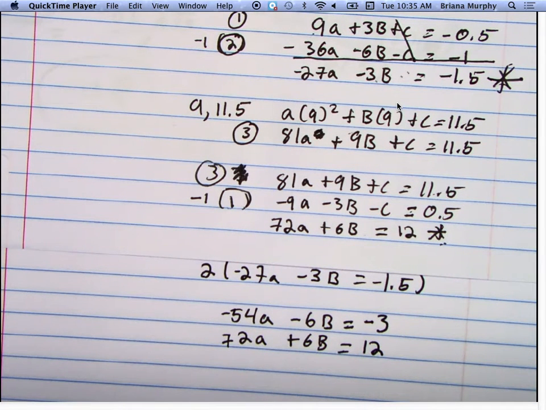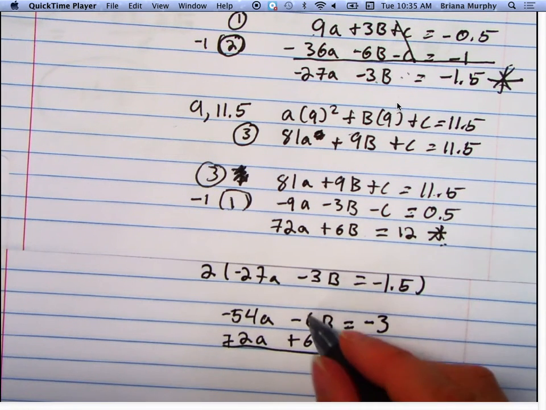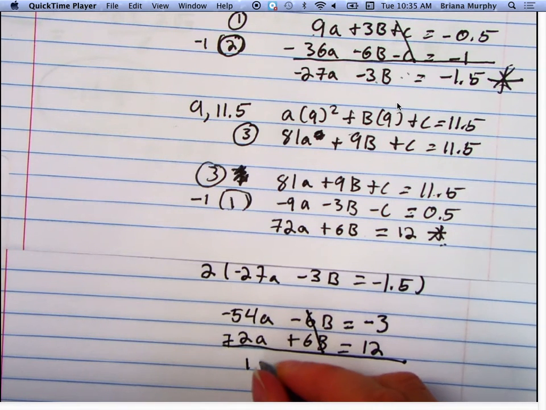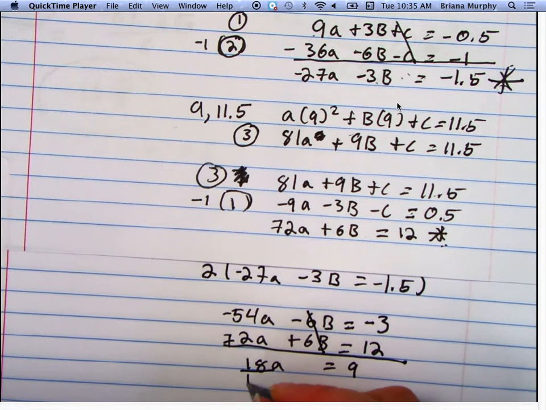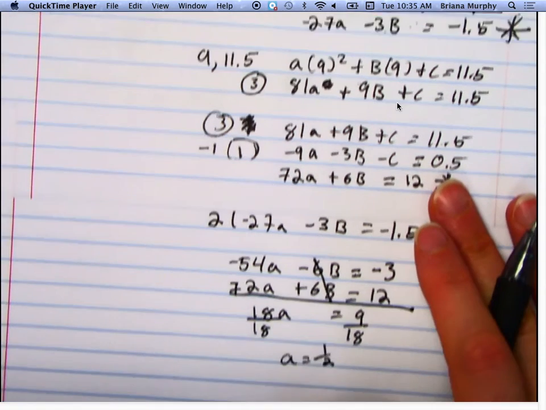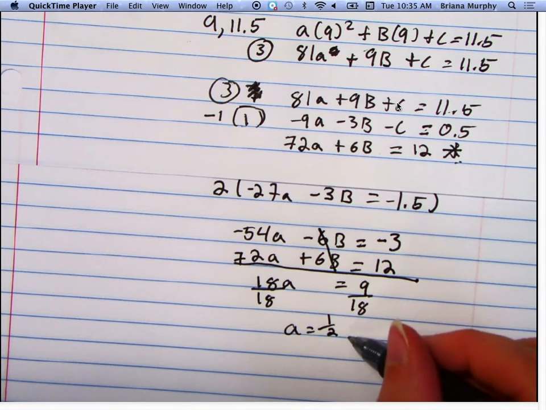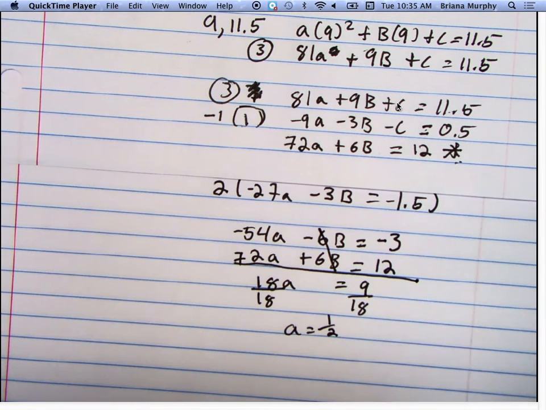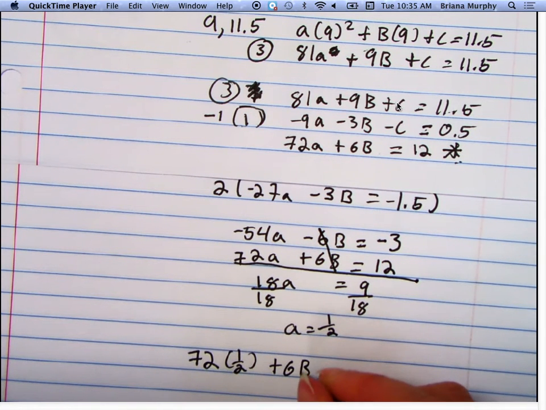When I add them together, it's going to cancel out my B's. I get 18A equals 9. Divide by 18, and what do I get? A equals 1/2. Okay, now I'm just going to take this equation and stick it into my bottom new one to find out B. 72 times 1/2 plus 6B equals 12.